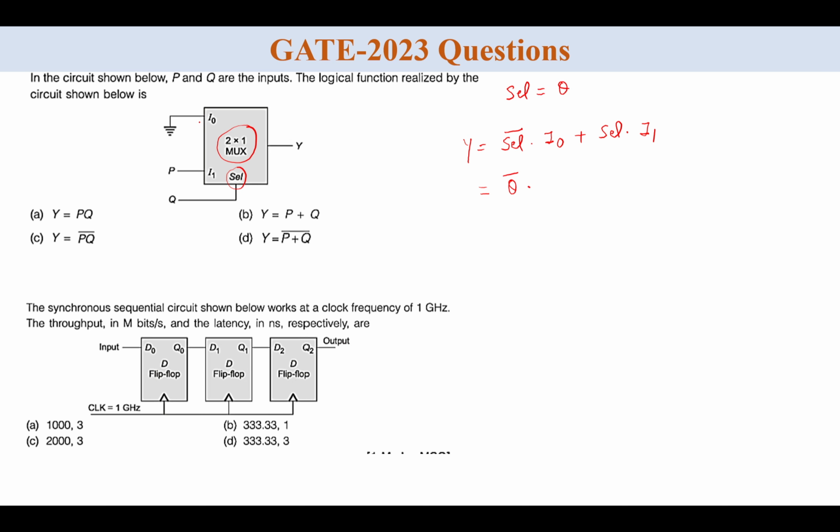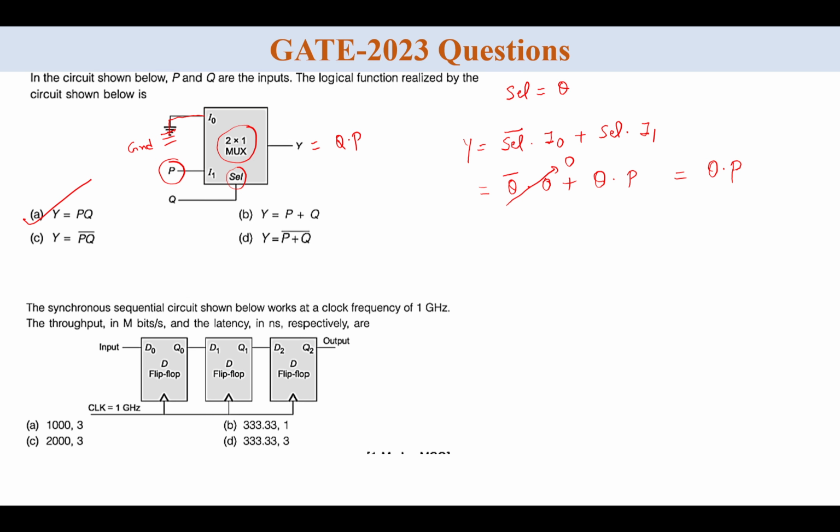But for I naught the connection is ground, which means zero potential. Plus the select line value is q, and I1 value is p. So this term is 0, that means the value is q dot p. So this output is q dot p. Which option is correct? The first option is correct.